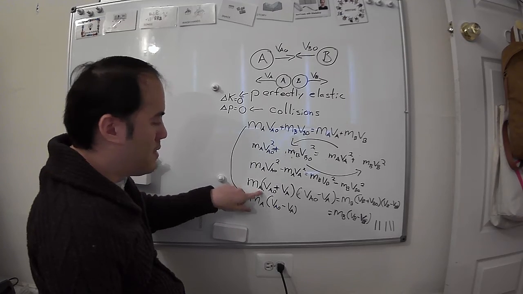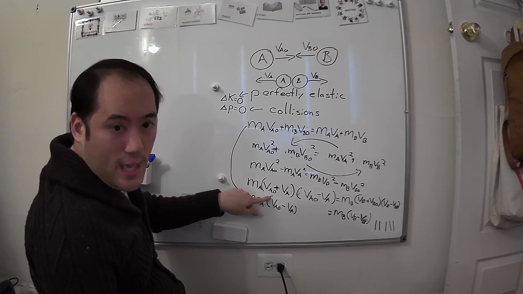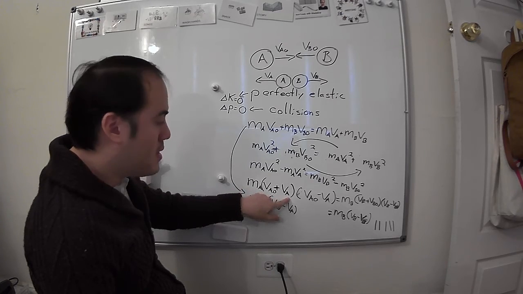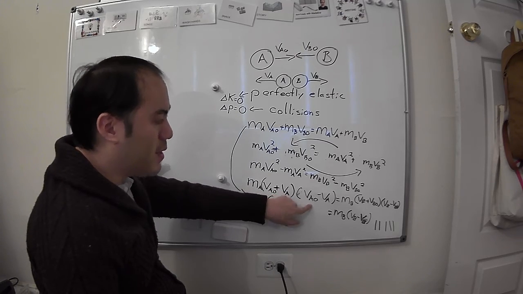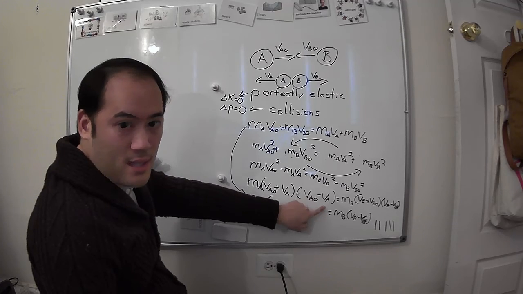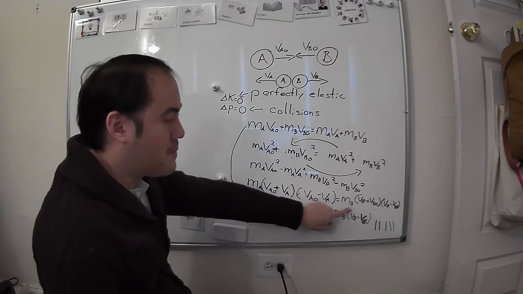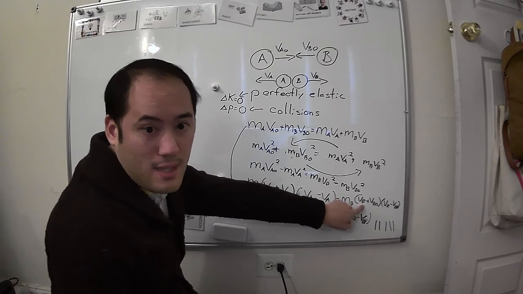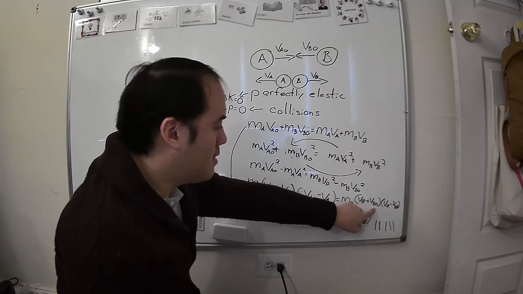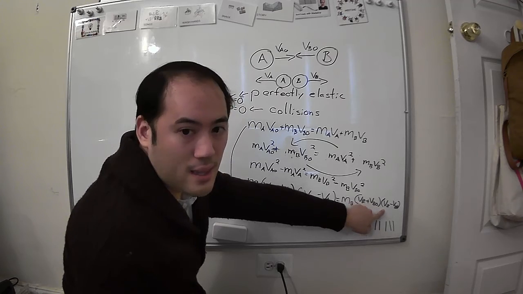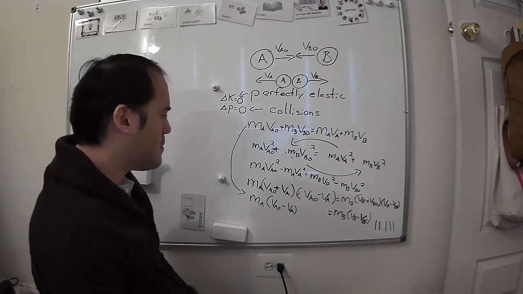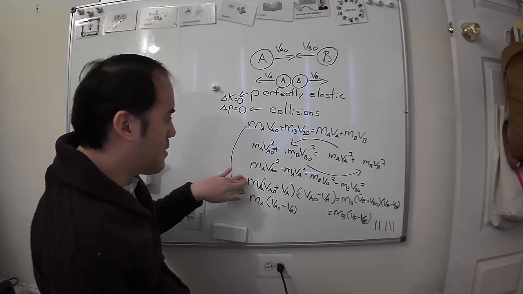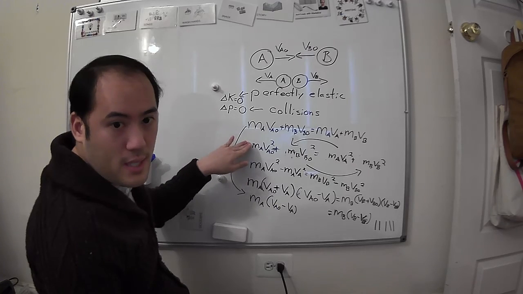MA times the quantity VA naught plus VA times the quantity VA naught minus VA equals MB times the quantity VB plus VB naught times the quantity VB minus VB naught. This is true because we got it from this equation.